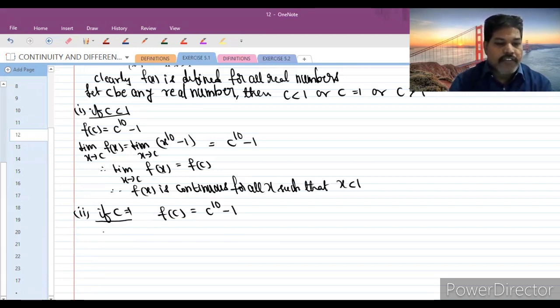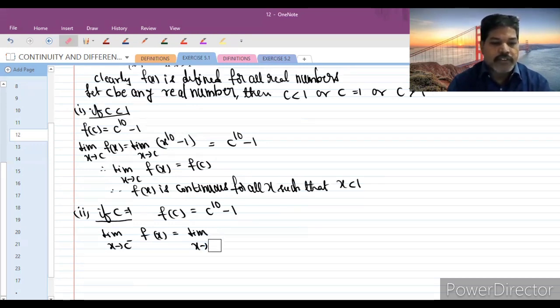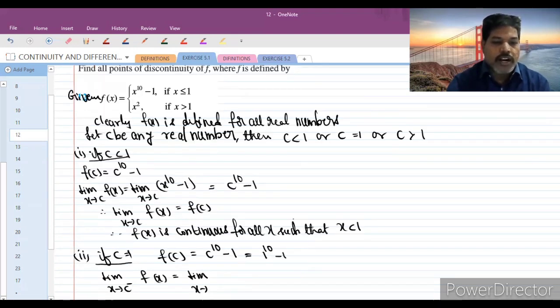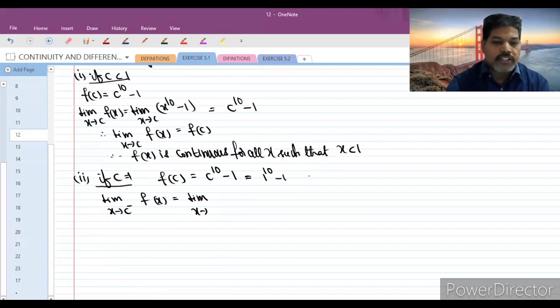Next, you can take the left hand limit, limit x tending to c minus of f of x. c is nothing but 1 actually, so I will replace that value: 1 power 10 minus 1, which is 1 minus 1. It will become 0 only actually. f of c value is 0.